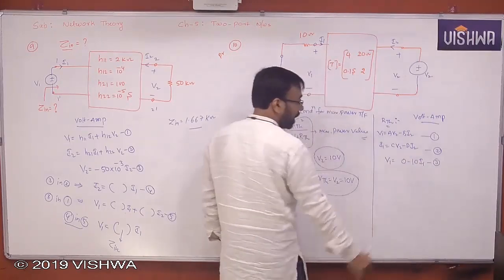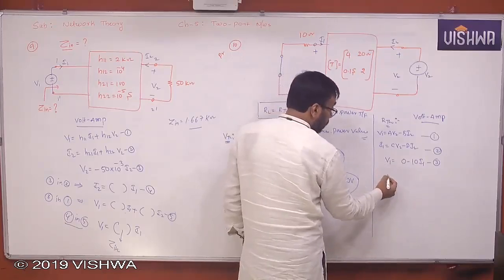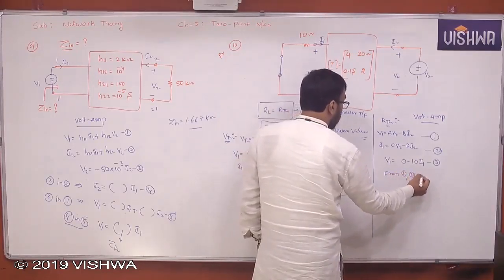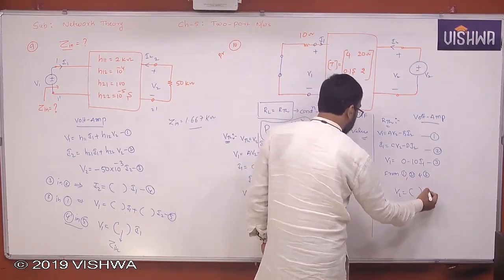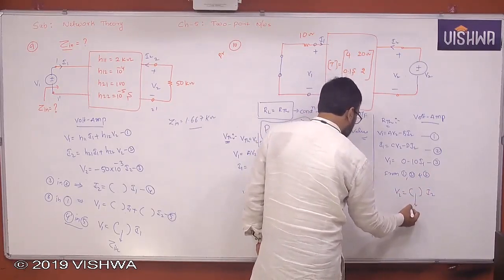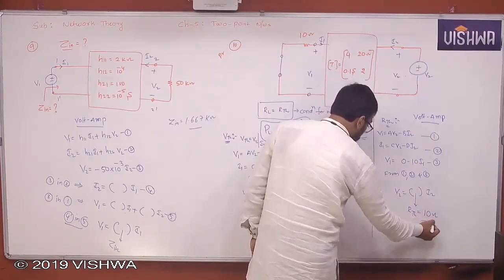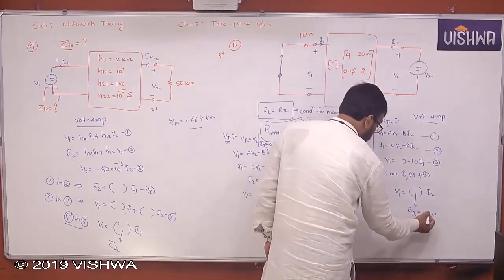From this you can eliminate V1 as well as I1, and from 1, 2 and 3 you will get V2 is equal to something into I2. This something is nothing but RTH. This RTH value you are supposed to get 10 ohm. Sorry, 8 ohm. You are supposed to get 8 ohm.